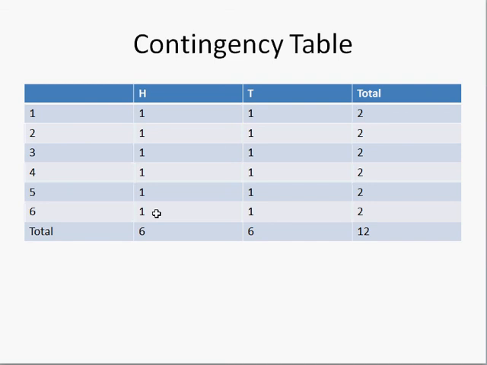So 1, 2, 3, 4, 5, 6, 7, 8. That would be 8 out of 12, or 2/3. So there's lots of different kinds of probabilities we can quickly calculate or assess once we've built a contingency table. So now we're going to do an application of this in terms of a convenience store.